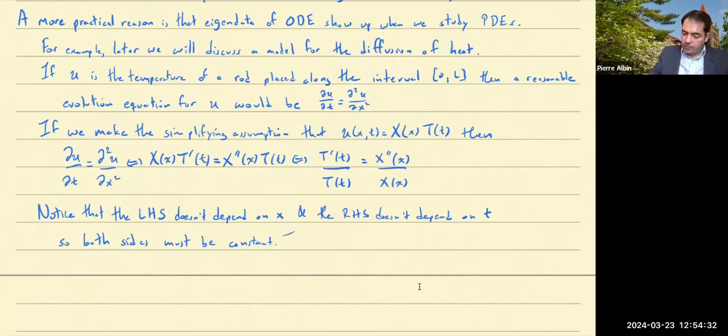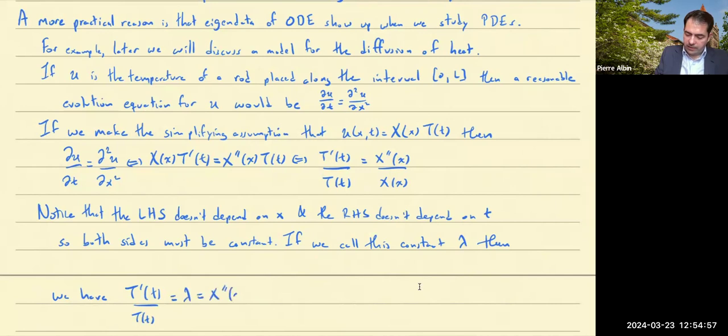Right? So if we call this constant lambda, then we can rewrite this equation as T prime of t over T of t is equal to lambda, and so is X double prime of x divided by capital X of x. Right?